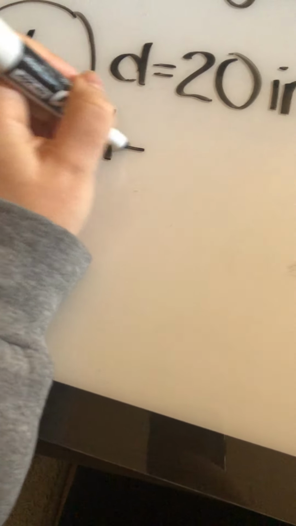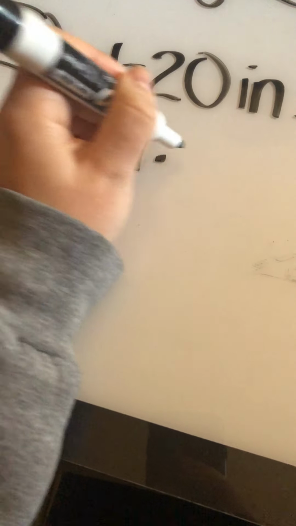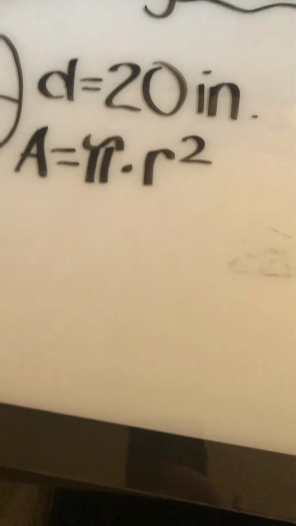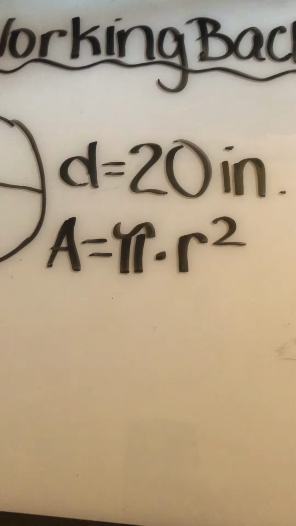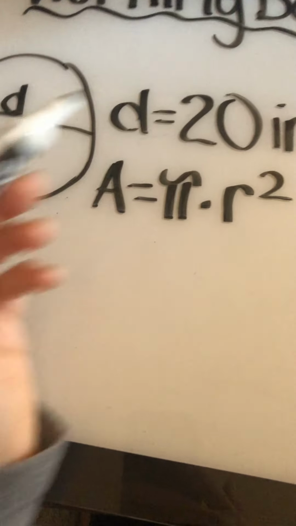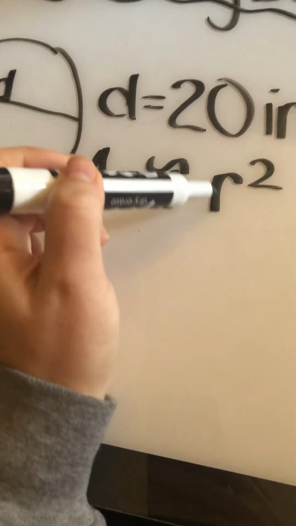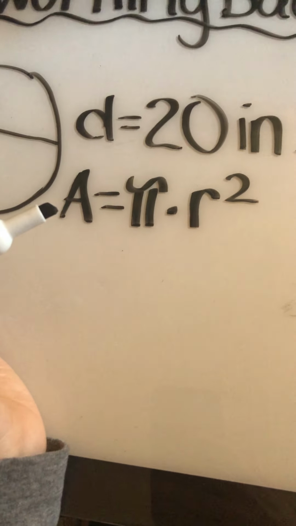Now, when we find the area, we have to remember that this is our formula. When I was grading the work for our area lesson, a lot of students were just taking the diameter and plugging it in for the radius. That is incorrect.